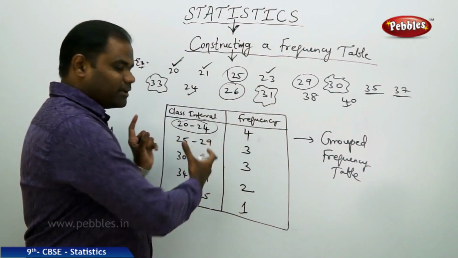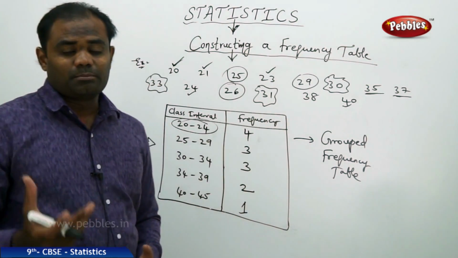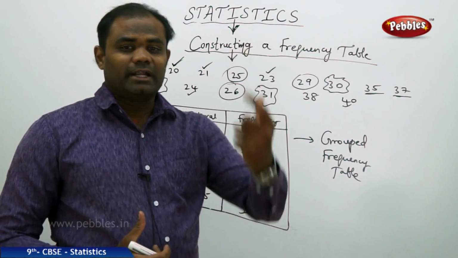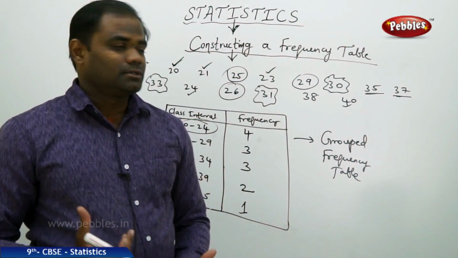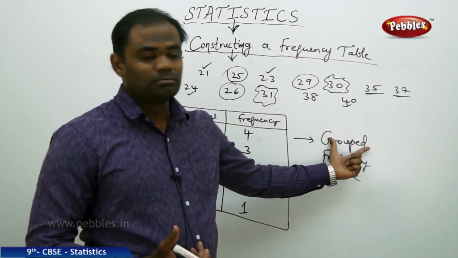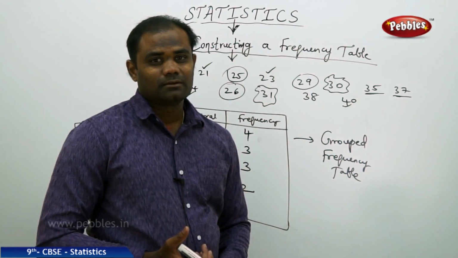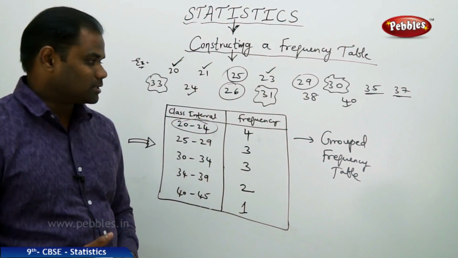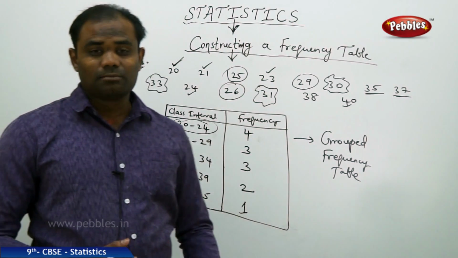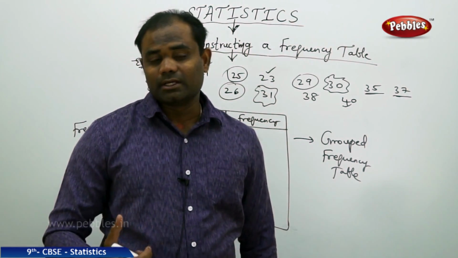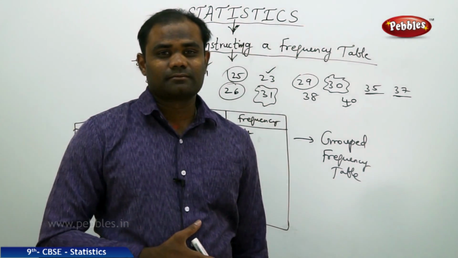If you do not group the marks in order to obtain frequency, like in the previous example problem, and directly take the marks listed and their frequency, such a table is called an ungrouped frequency table. Frequency table is of two types: grouped frequency table, where the data is grouped, and ungrouped frequency table, where the data is not grouped. We directly take the data with their frequency.